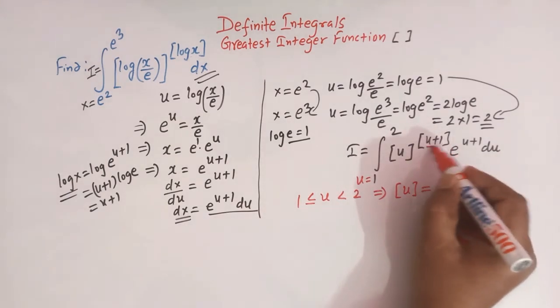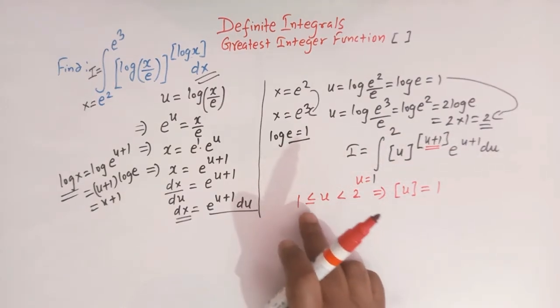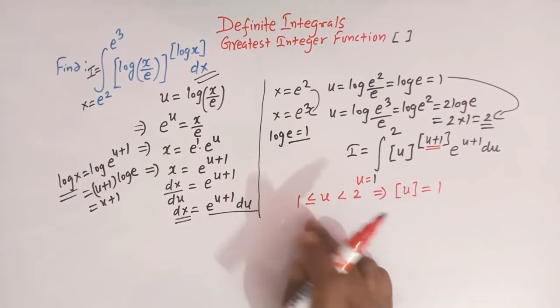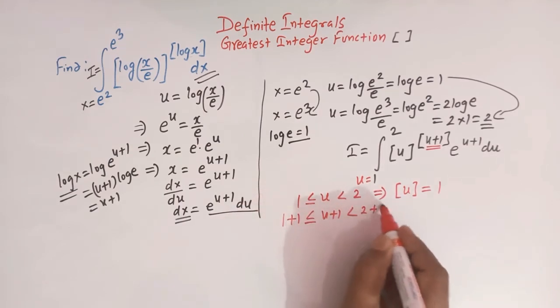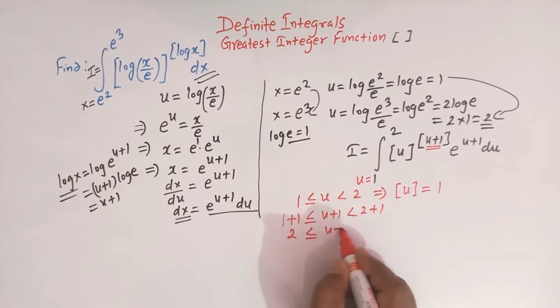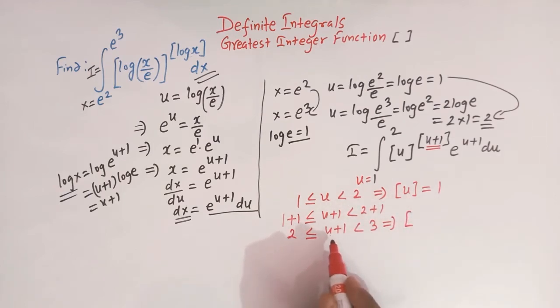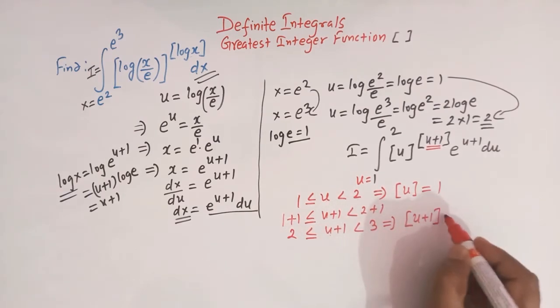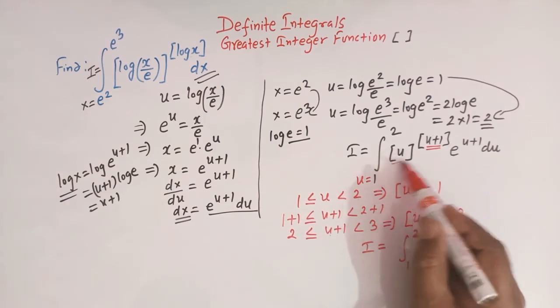Now we have to find the greatest integer of u plus 1, so we add 1 throughout the inequality: 1 plus 1 is 2, then u plus 1, and 2 plus 1 is 3. So when u lies between 1 and 2, u plus 1 lies between 2 and 3, and again from the definition of the greatest integer function, the greatest integer of u plus 1 is equal to 2.